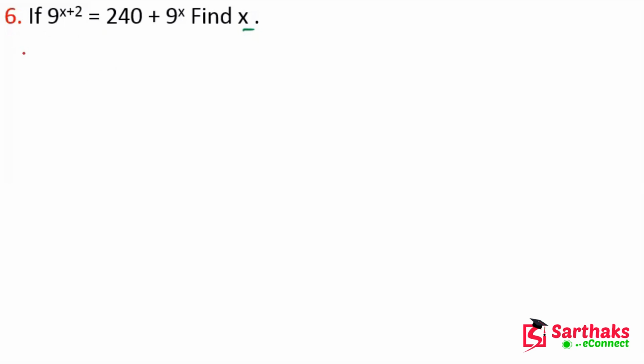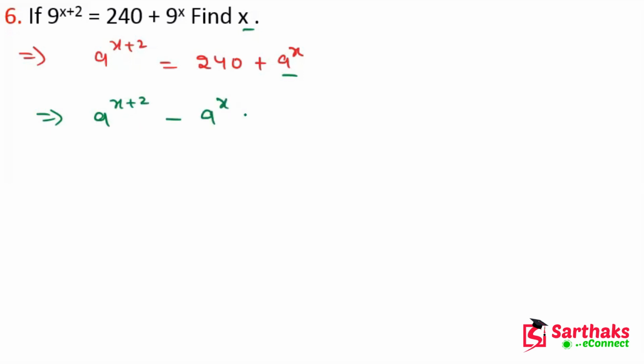So we have 9 raised to power x plus 2 equals 240 plus 9 raised to power x. Now we have to shift this term to the LHS. So we get 9 raised to power x plus 2 minus 9 raised to power x equals 240.